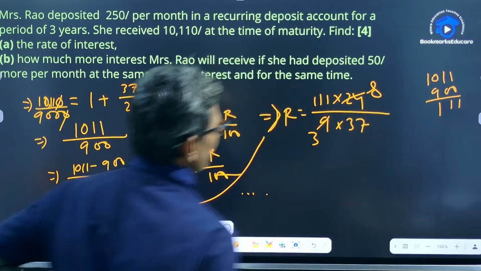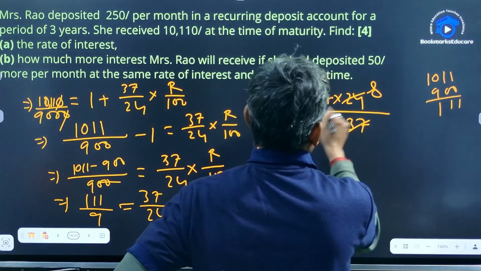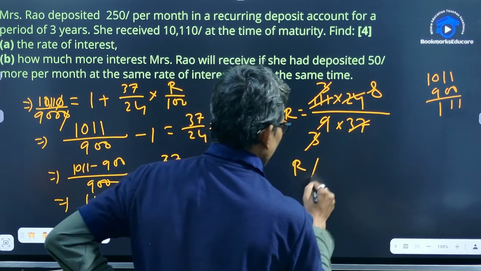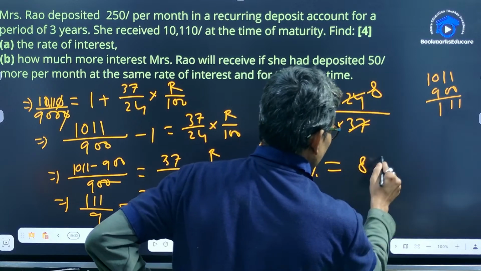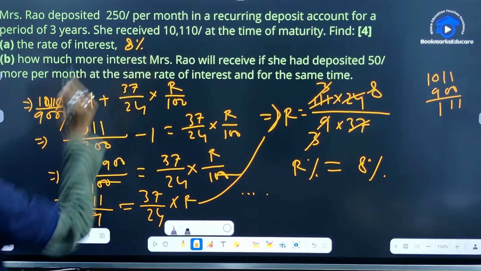It becomes 8, and 3 cancels with 3. So 8% is the rate of interest. So the rate of interest is 8%.